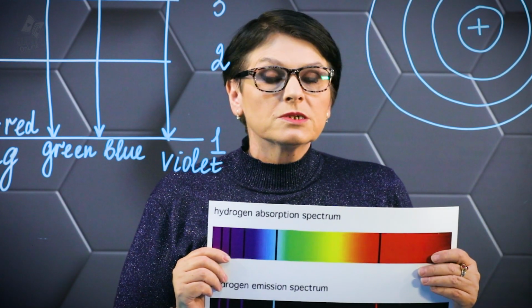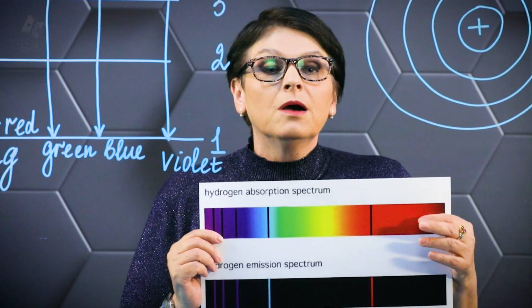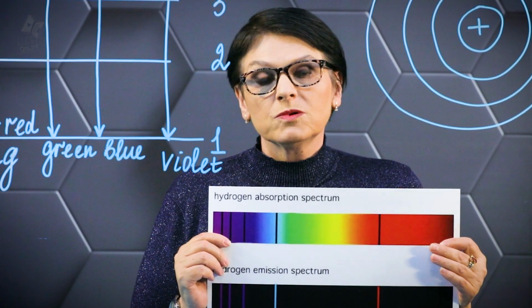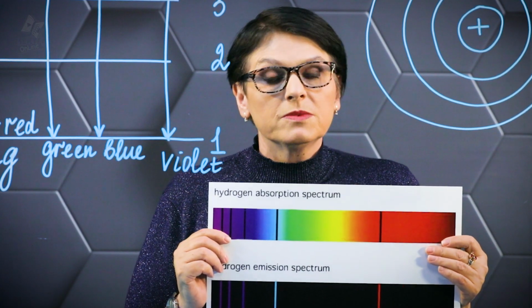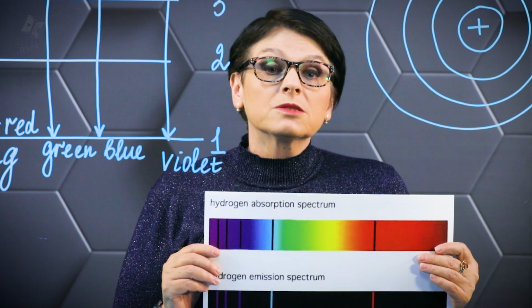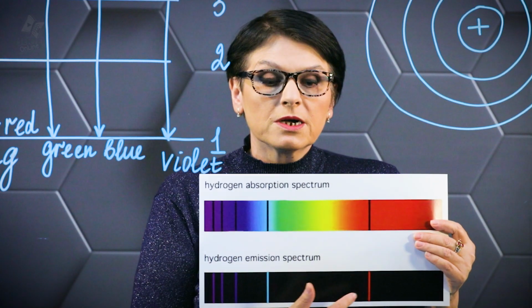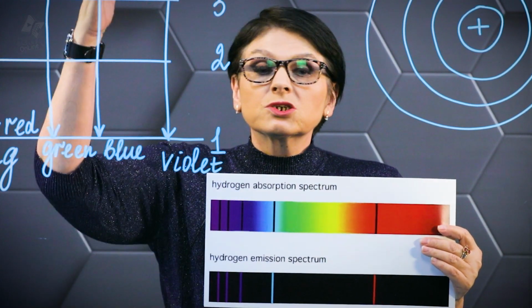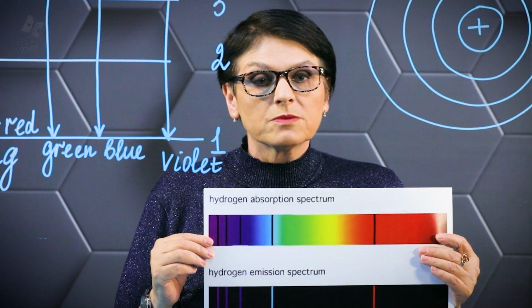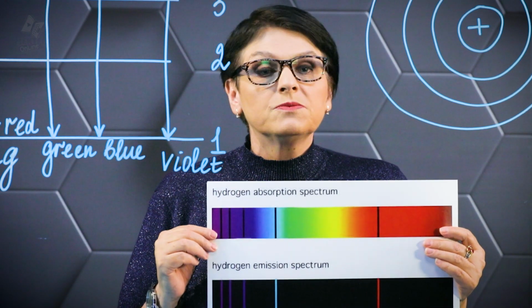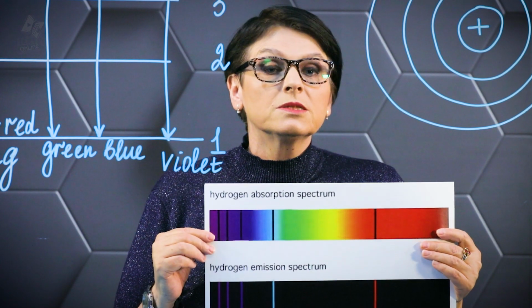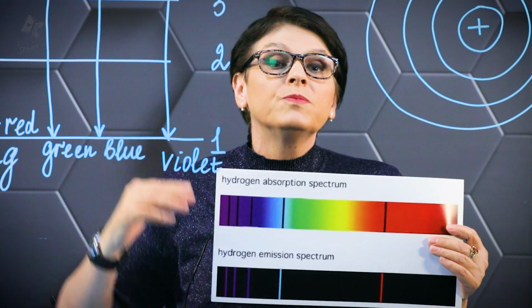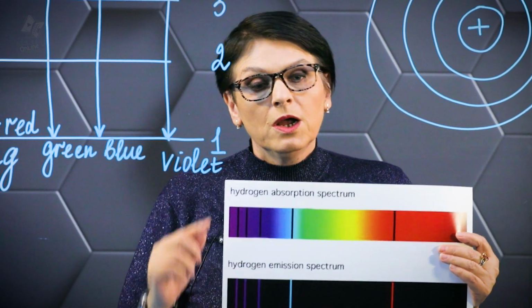The smaller the transition, the more it corresponds to the red light, which we can observe in the visible spectrum. Thus, the lines of the hydrogen atom that we see here are deciphered as follows: these are transitions from the upper energy levels towards the first energy level.